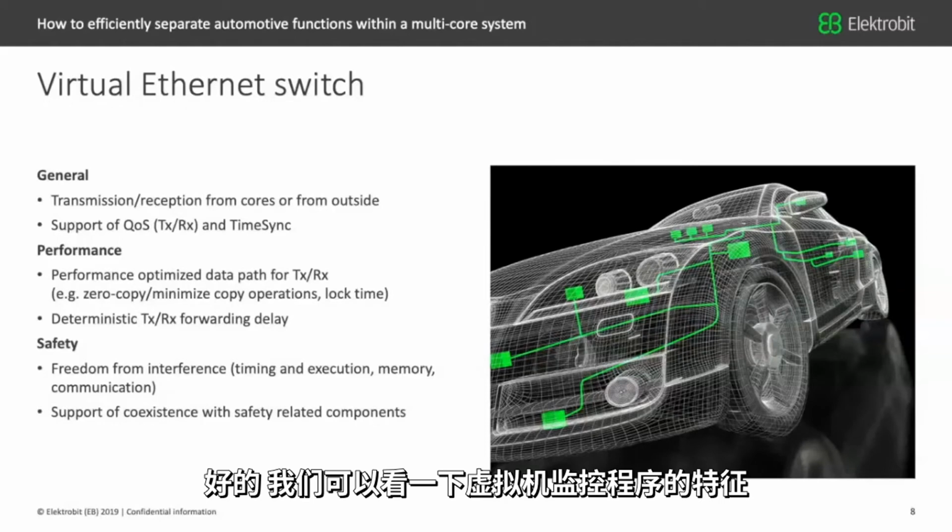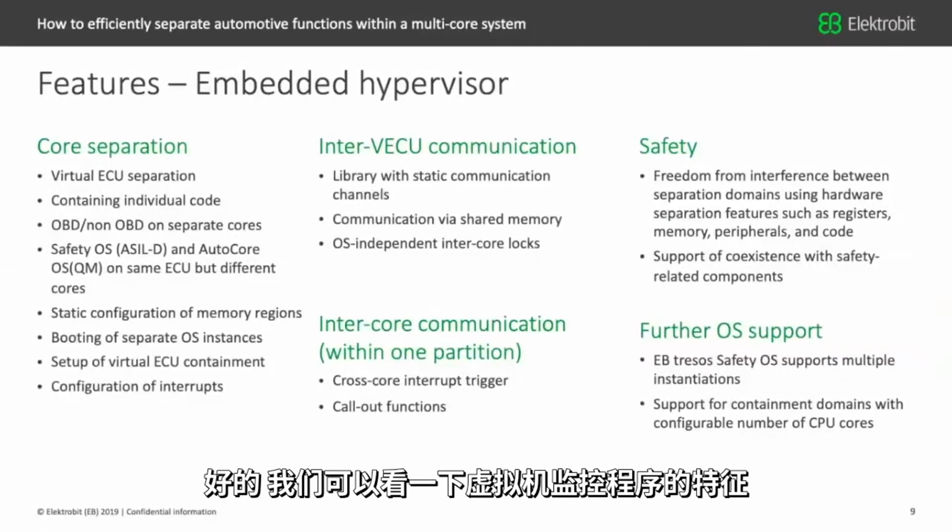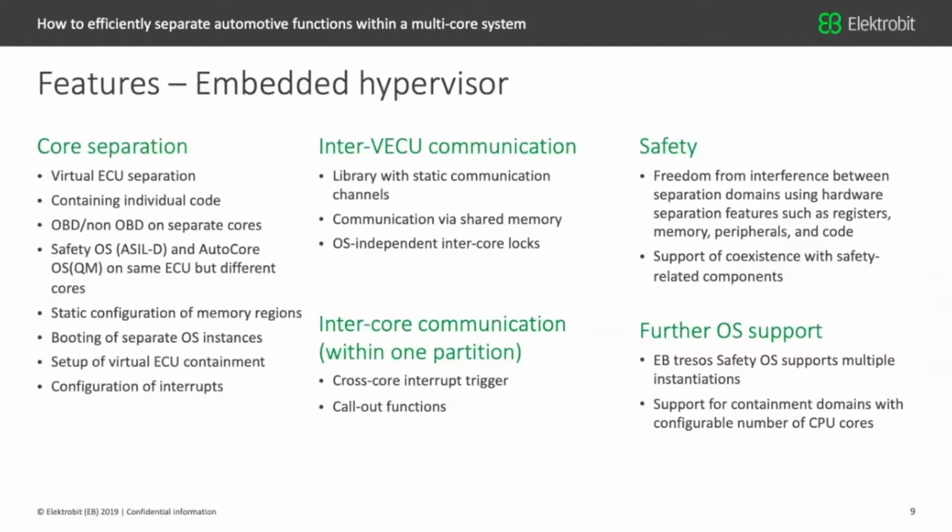Okay, so if we look at the features of the hypervisor, first of all, the most important: we don't have any dynamic assignment of core specific execution, so it's all static and predefined. We have a core separation.